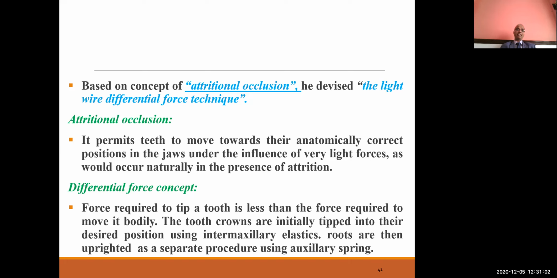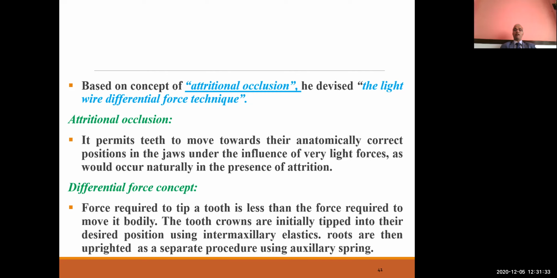And secondly, differential force concept. These two concepts are the main basis of Begg's appliance theory. In the differential force concept, the force required to tip a tooth is less than the force required to move it bodily. So the tooth crowns are initially tipped into the desired position using intermaxillary elastics like class 2, class 1 elastics.